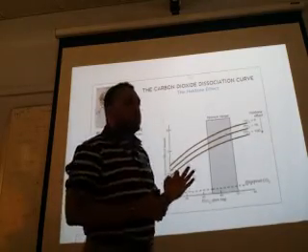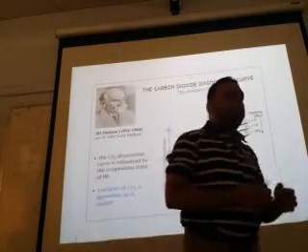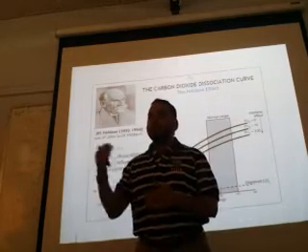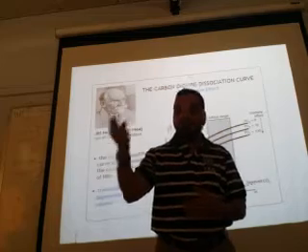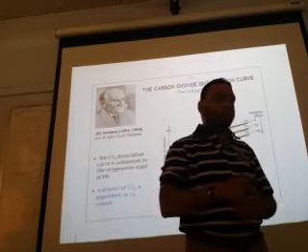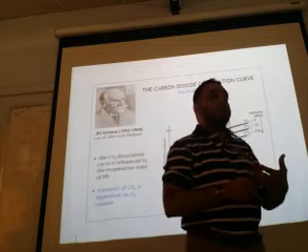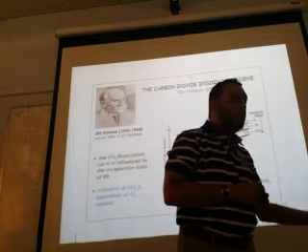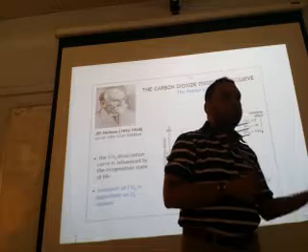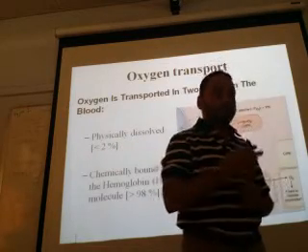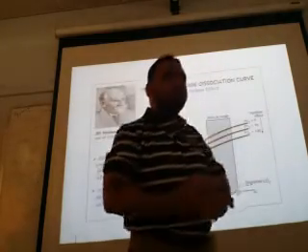Content of carbon dioxide decreases in the blood as there is more and more binding of oxygen. So can we say that as more and more oxygen binds with hemoglobin, more and more carbon dioxide is released? Yes, we can say that.